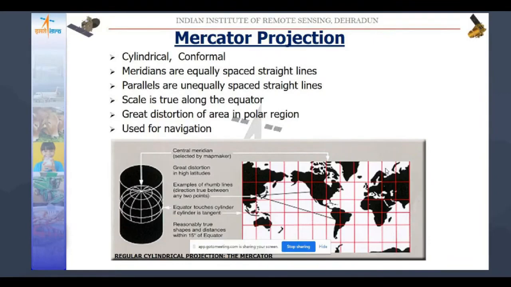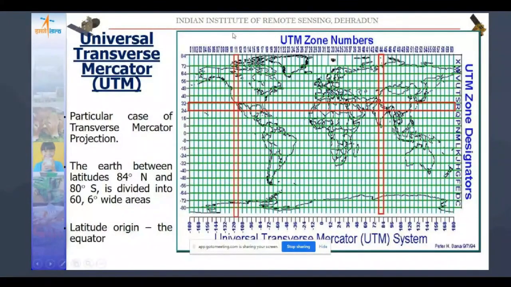Very commonly, we use the Universal Transverse Mercator (UTM) projection system. It is basically a particular case of transverse Mercator. We have divided the whole world into small grids, so the distortion can be kept to a minimum within one region.